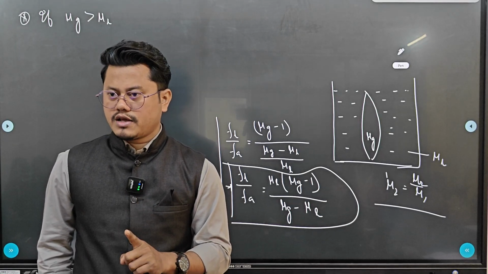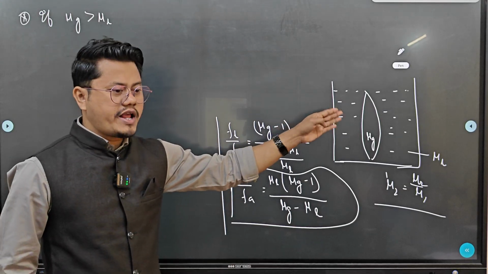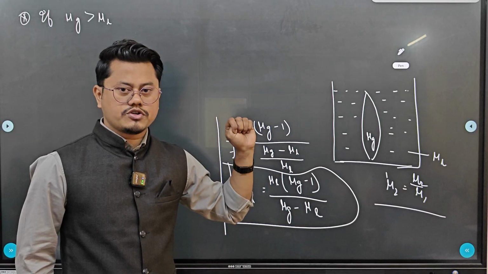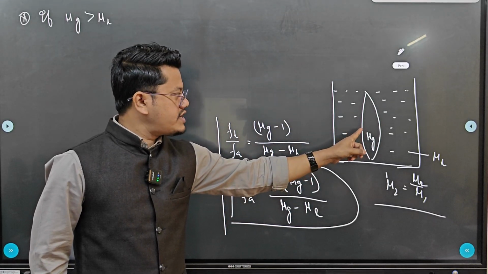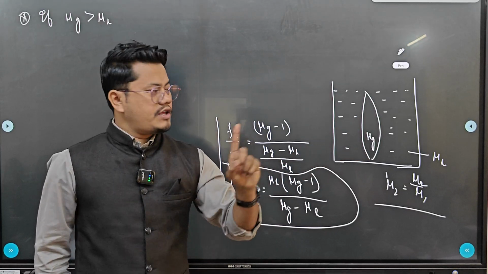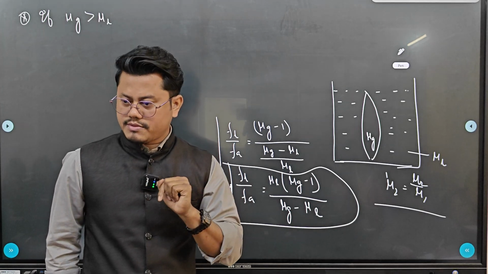Are you getting what I'm saying? Both will be having same sign. It means nature of lens will not change in this case. Are you getting my point or not? Nature of lens will not change. If it is convex lens, it will converge the light. If it is concave lens, it will diverge the light. Are you getting what I'm saying?